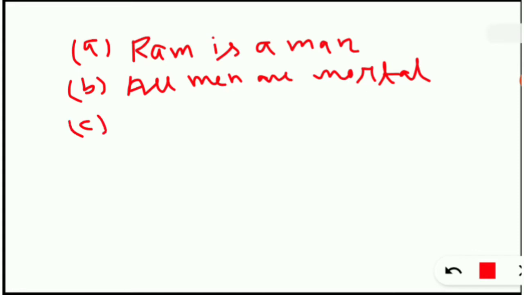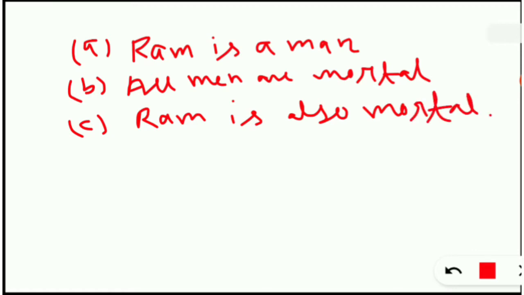Then Ram is also mortal. Clear? That means if condition A and condition B are true, then C is established. Since Ram is a man and all men are mortal, then definitely Ram is also mortal.